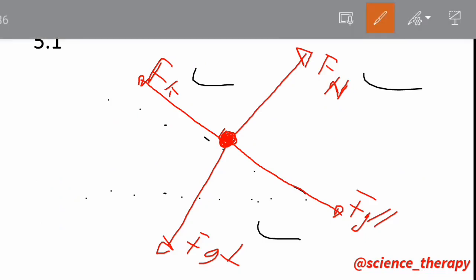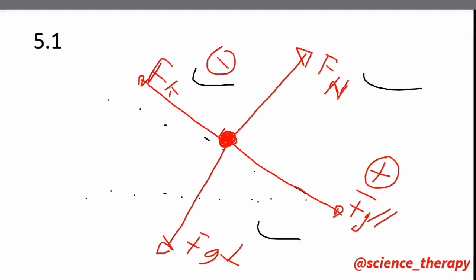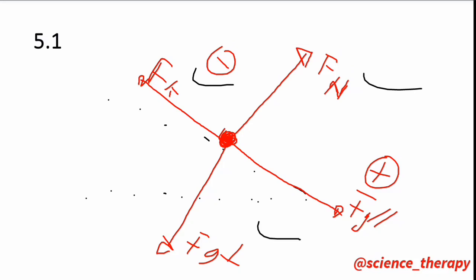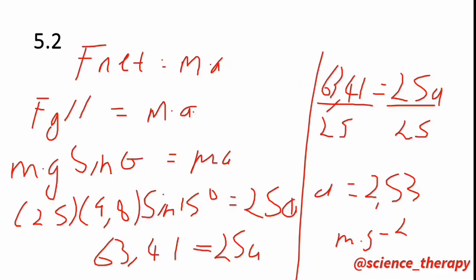So we know that our horizontal forces are FG parallel and FK. So now knowing that the crate is moving down the slope, we will indicate this is the positive direction and this one is against the motion, so it's the negative direction, meaning that the two forces that are making our F net in part BC is FG parallel and the kinetic frictional force.